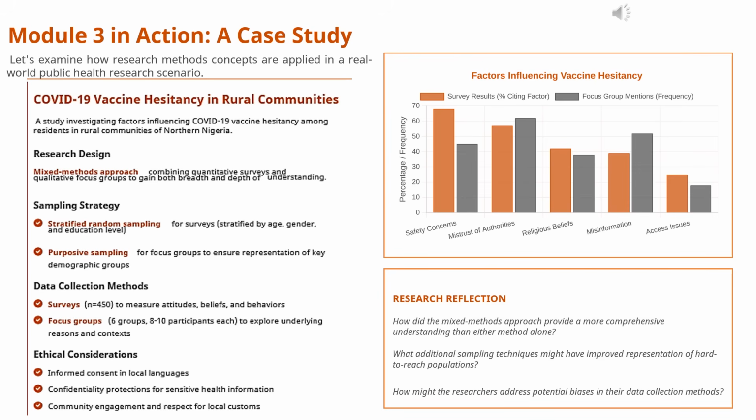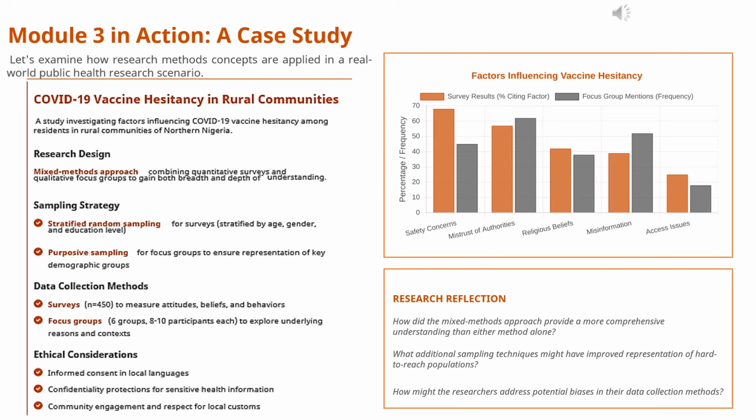The aim should be a study investigating factors influencing COVID-19 vaccine hesitancy among residents in rural communities of northern Nigeria. And the study design would involve a mixed method approach, combining both a quantitative survey and qualitative focus groups to gain both breadth and depth of understanding.